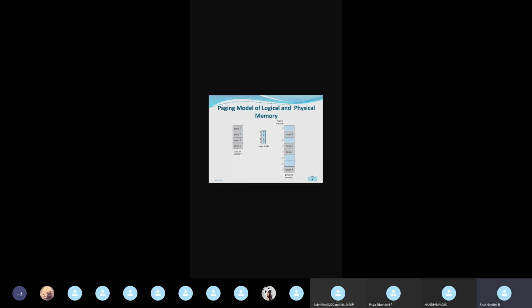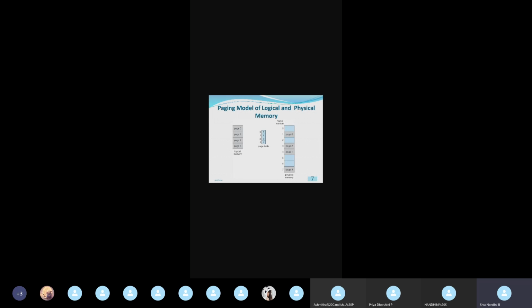Likewise, this page table is used for mapping the logical memory to the physical memory. That is, in which frame of the physical memory is page 0, in which frame is page 1, and who tells all that? This page table.